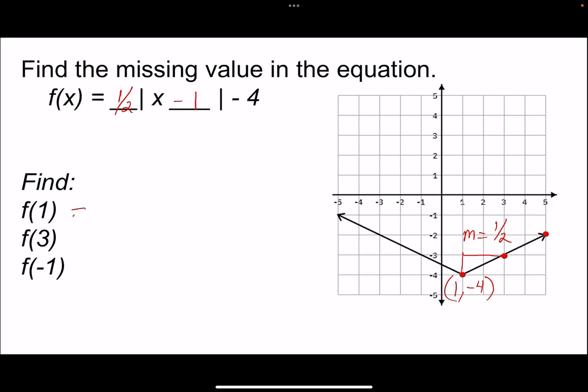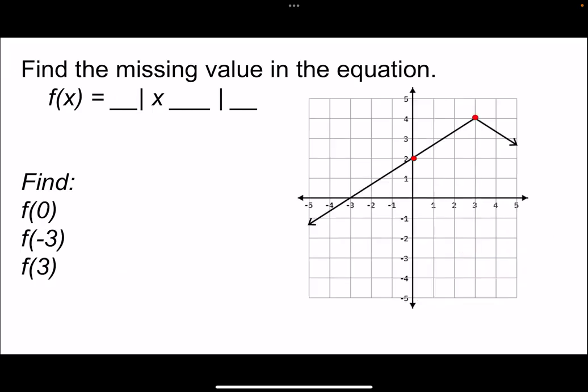All right. F of 1 is -4. F of 3, look at 3, go down, I'm at -3. F of -1 is -3. There's my values.